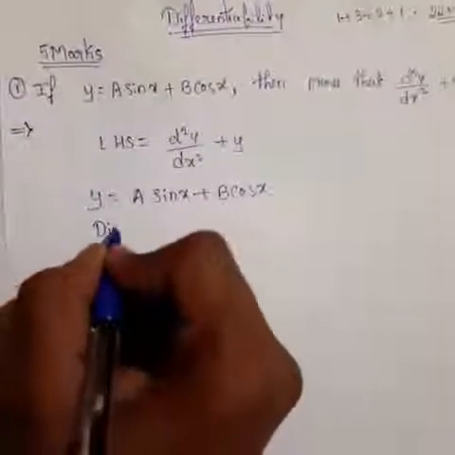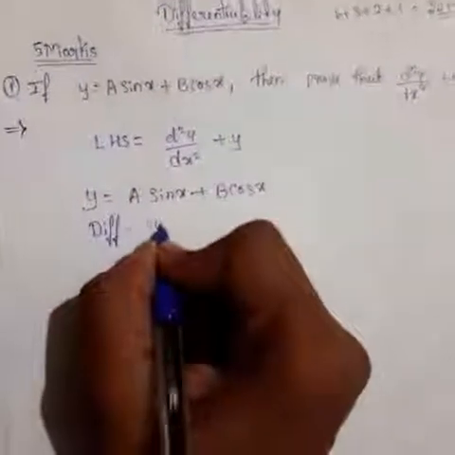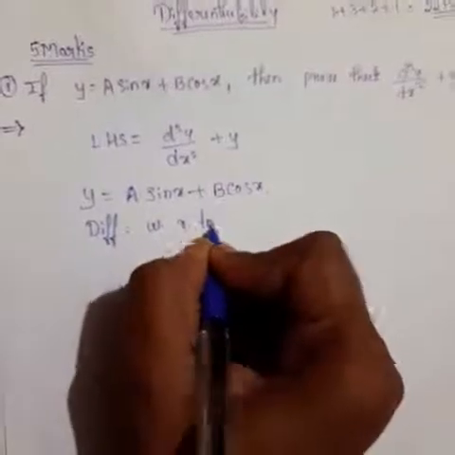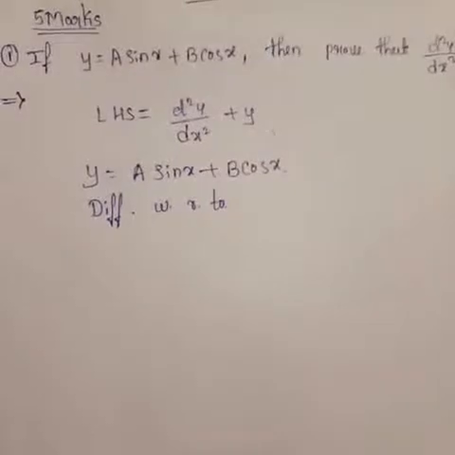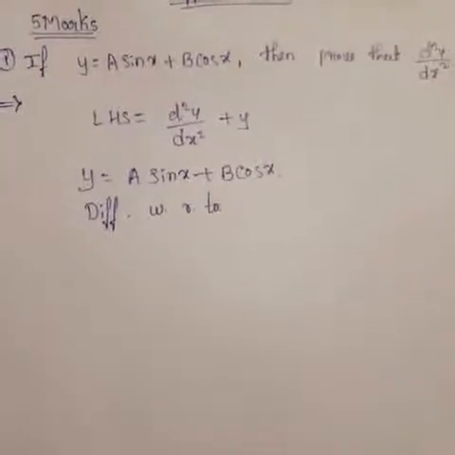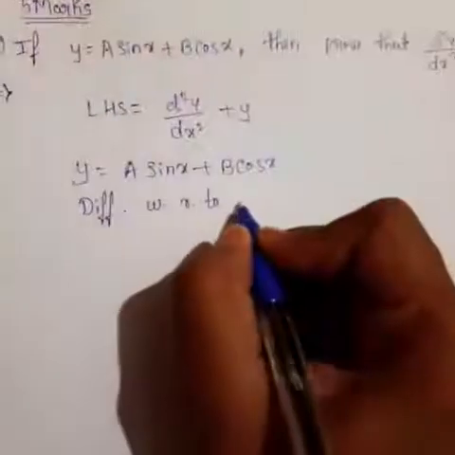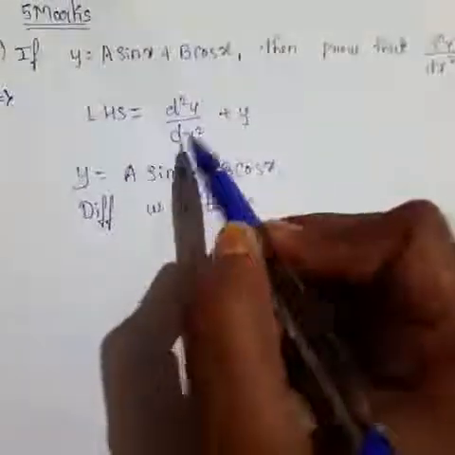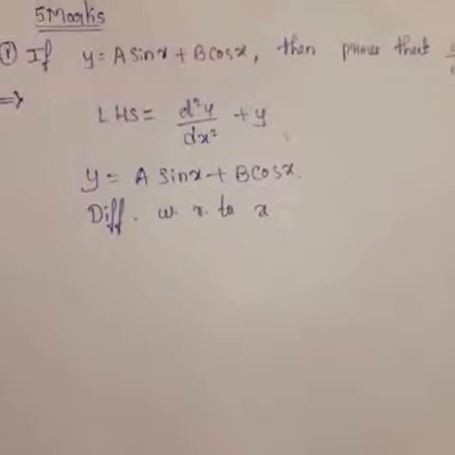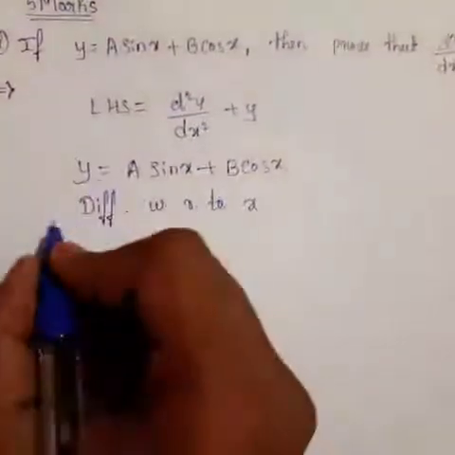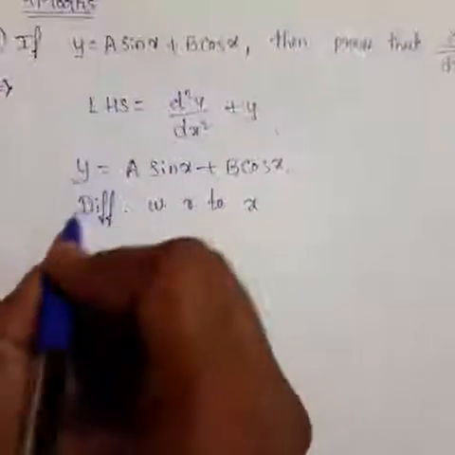Differentiate with respect to what? This equation is in terms of x, so we have to differentiate with respect to x. See here, d by dx means differentiate with respect to x.